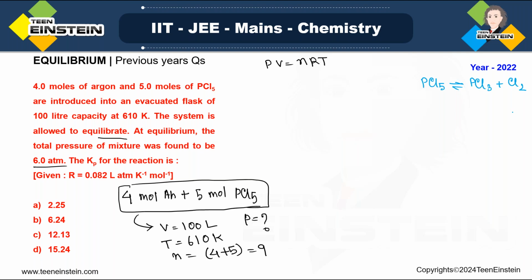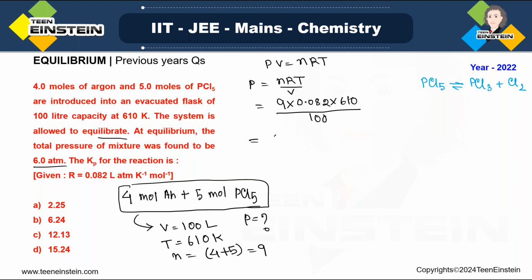So first we will find out what is the value of P initially, when the reaction has not started yet. So PV equal to nRT. From this, P equal to nRT divided by V. You know the n value. Now R you have to express in liter atmosphere unit, which is 0.082. Then 610 Kelvin divided by 100.